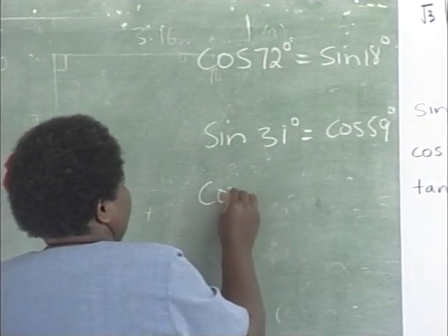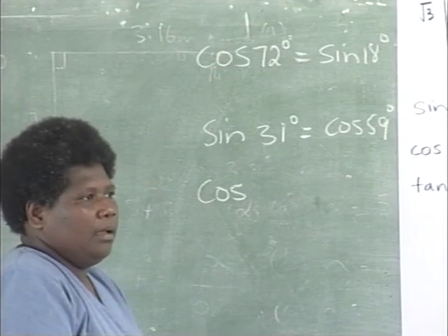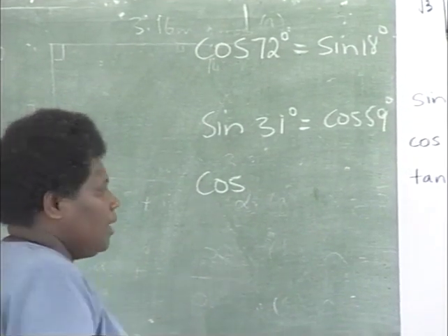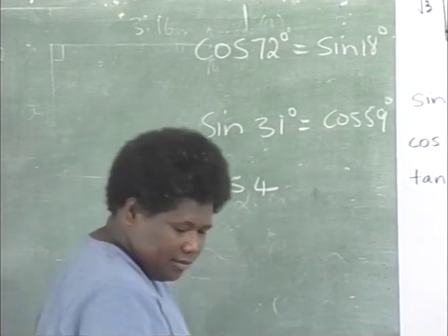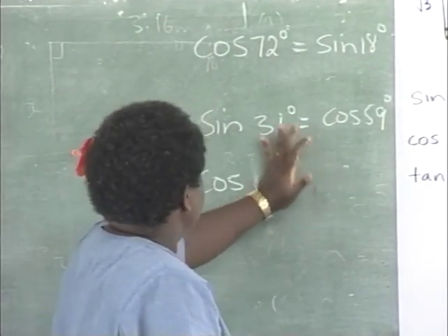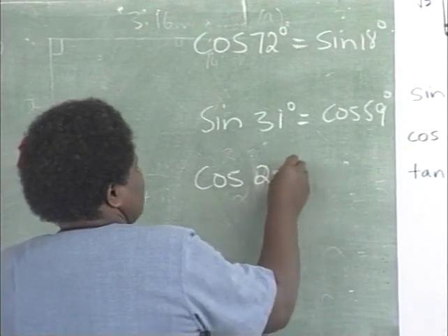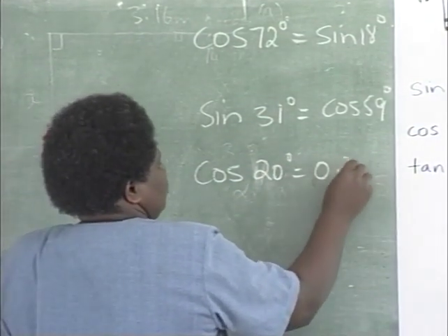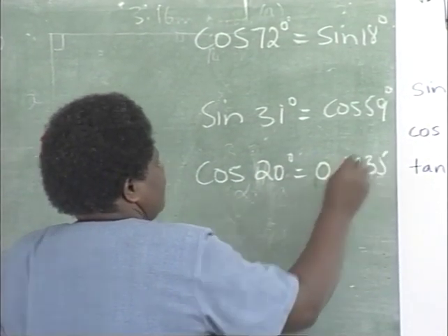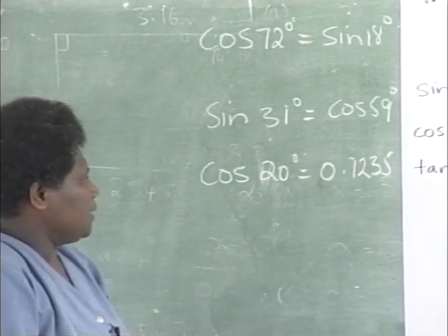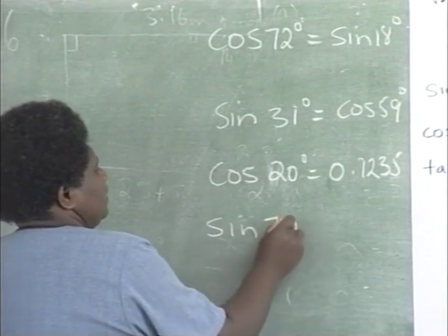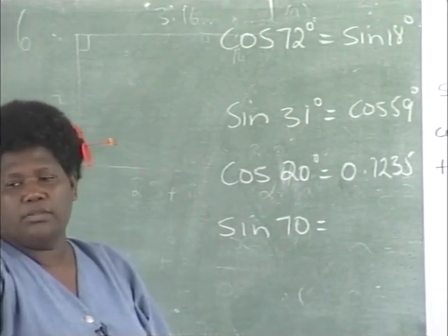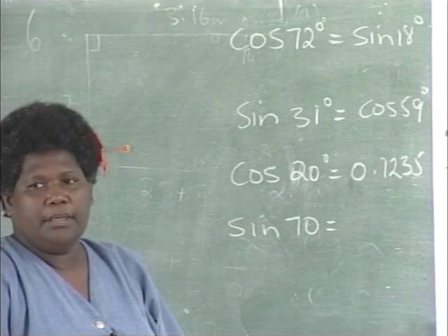If I gave you an angle and I said cos of 45, no, too easy. Let's say cos of 20 degrees is 0.1235, this is not true, I'm just giving you an example. If I asked you to find sine 70 degrees, Chutali, what would your answer be?